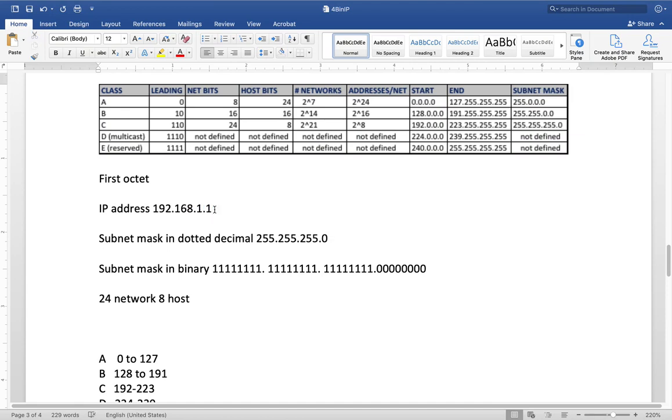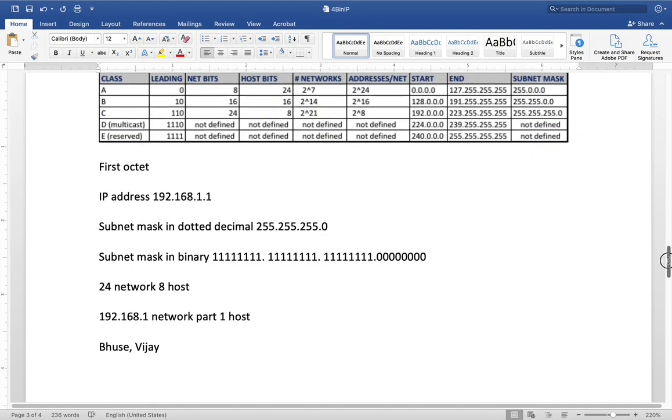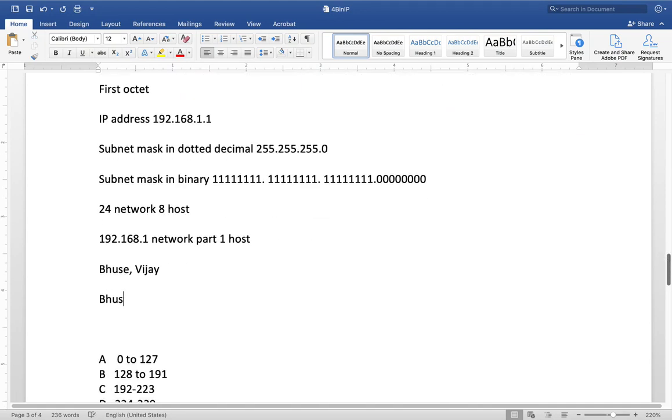So 192.168.1 is the network part and 1 is the host part, similar to your name. This identifies my family and this identifies me.